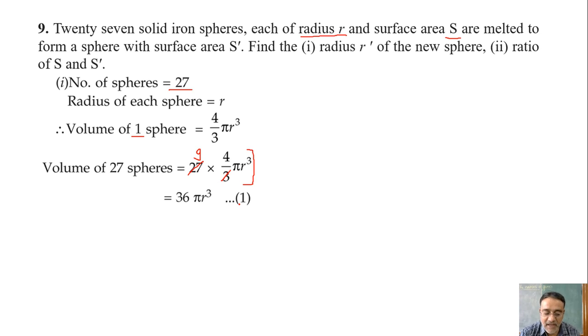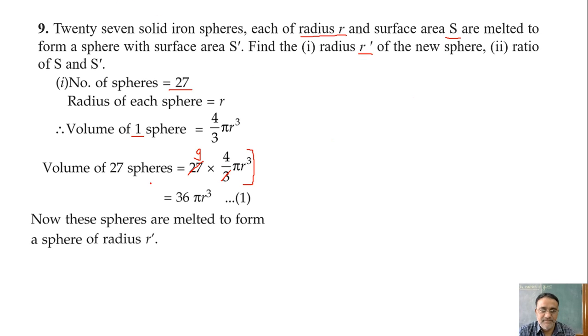Okay. Now these spheres are melted to form a big sphere of surface area s dash, so the radius given here is r dash. So volume of the new sphere will be 4/3 pi r dash cube.